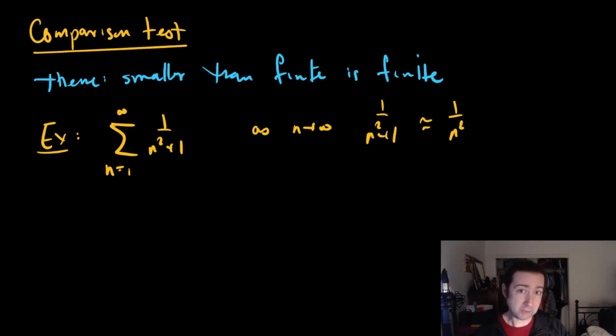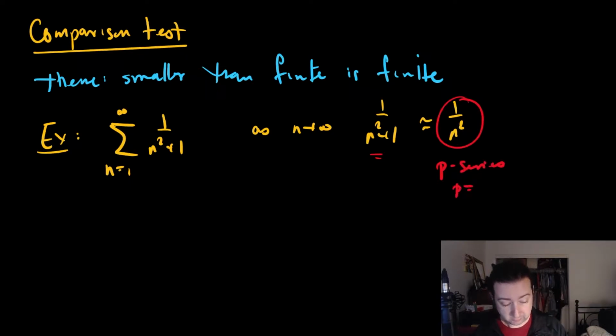When you put n equals a billion in, a billion squared plus 1 and a billion squared are pretty close to each other. So we should suspect that this series probably converges because its long-term behavior looks like a p series with p equal to 2, right? So this is a p series with p equals 2, and so it's convergent.